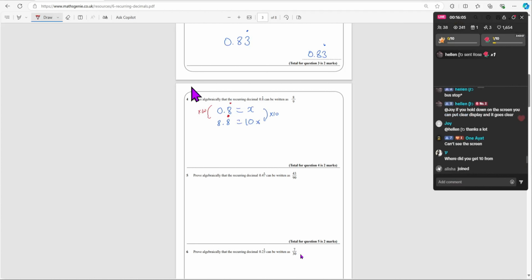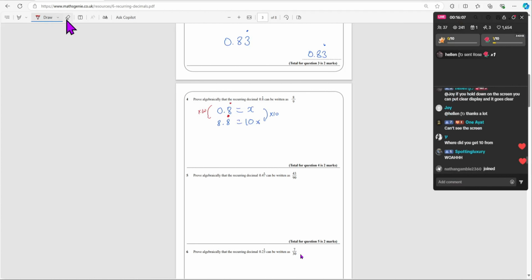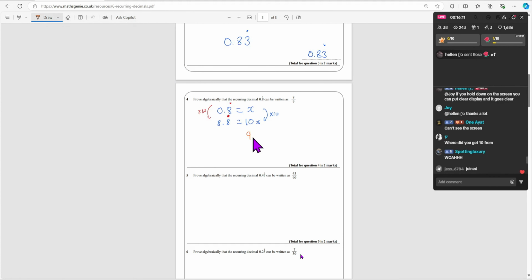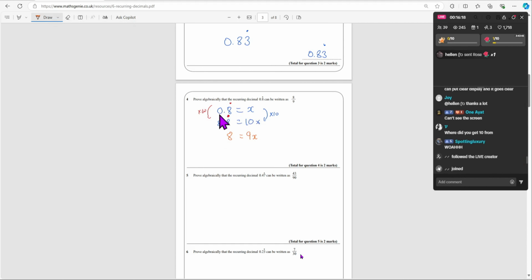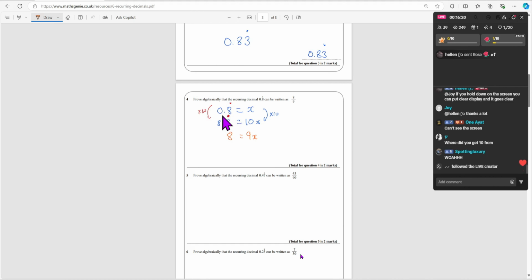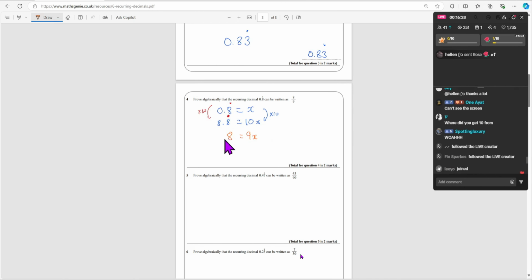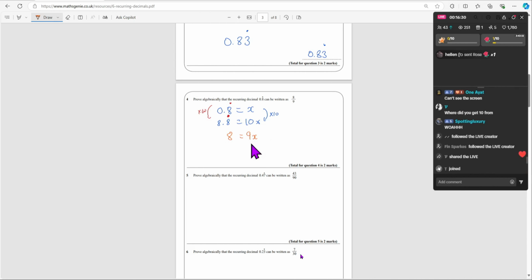So now, once we have done that, we can write this as 9x is equal to 8. Because we know that x is equal to 0.8 recurring, and 8.8 recurring is equal to 10x. So then 8 equals 9x, okay?